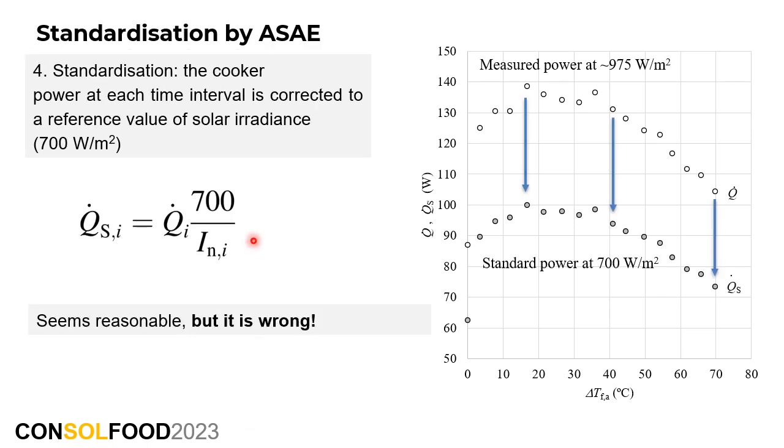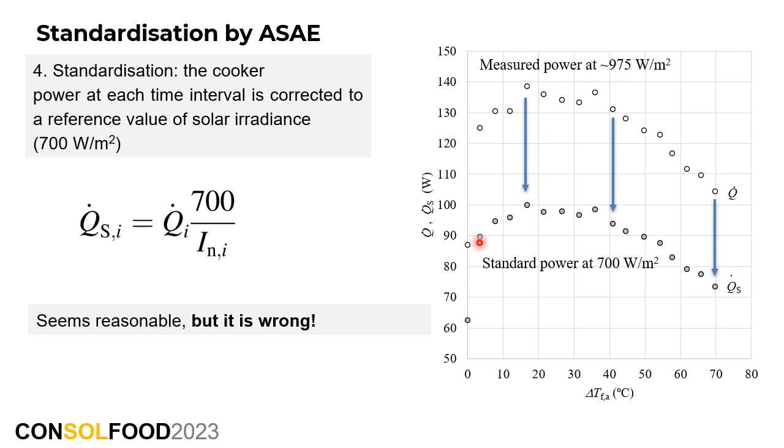Then the fourth step is the standardization. The cooker power at each time interval is corrected to a reference value of solar irradiance. Here you can see the formula. On the right, you can see the original cooking power observations, these white dots, at the irradiation of the test.